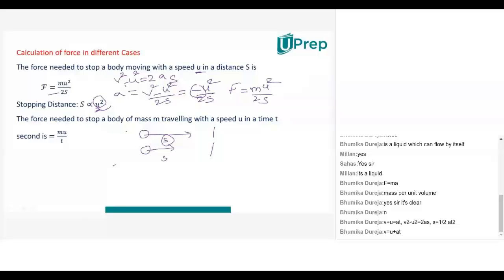So that means suppose I applied the same force on two objects, but both are moving with different speeds. Understand carefully, Arnav. This is a particular condition which you have to understand, and if I give a few problems, you have to solve them based on this.